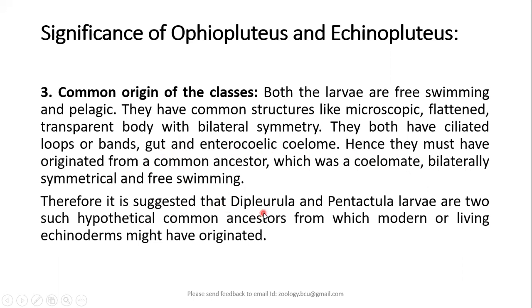Therefore, it is suggested that Dipleurula larva and Pentactula larva are the two such hypothetical common ancestors from which modern or living echinoderms might have originated. Because during the life cycle of some of these echinoderms, we see Dipleurula-like larva and also Pentactula-like larvae.